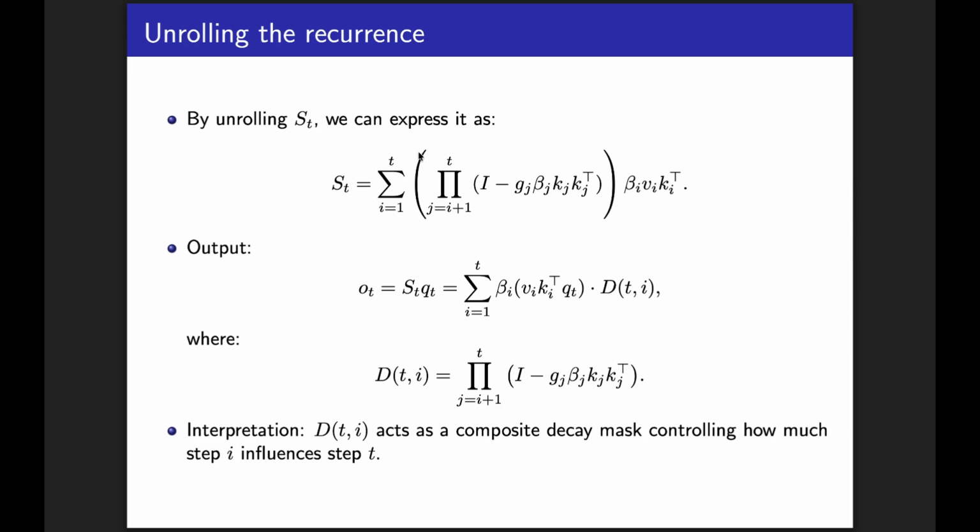And if we just rewrite this product here as d, then we can see that the output is simply the sum of this product between the value and the keys, decayed by the factor d.